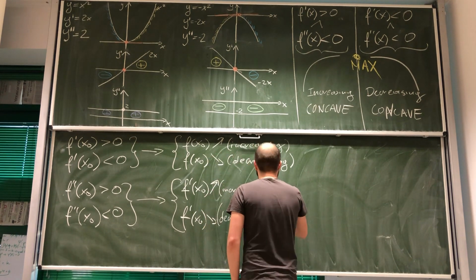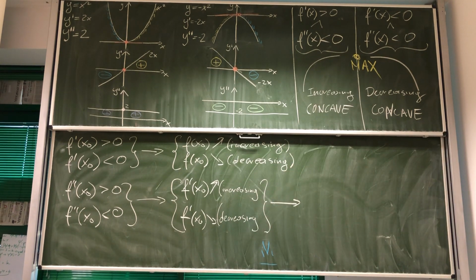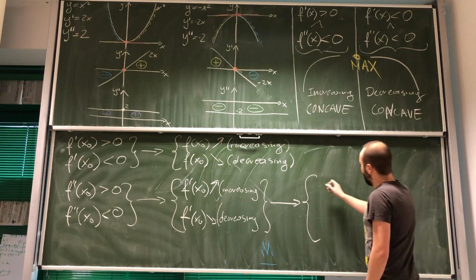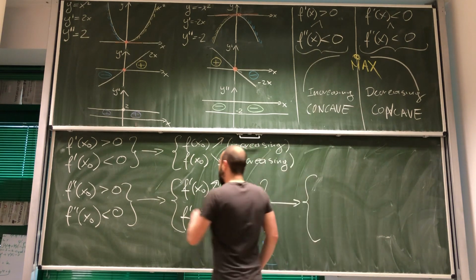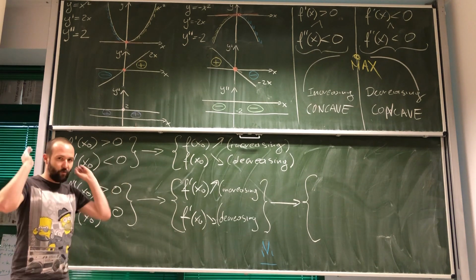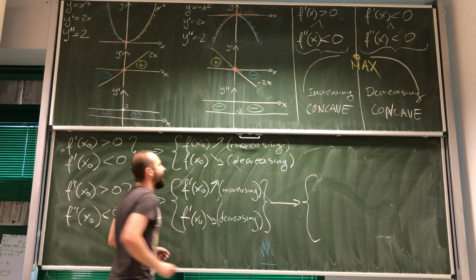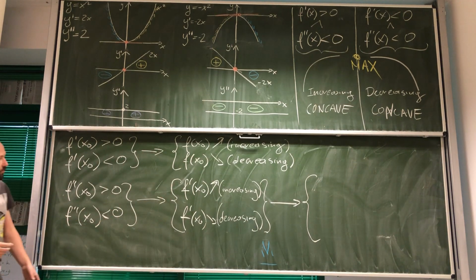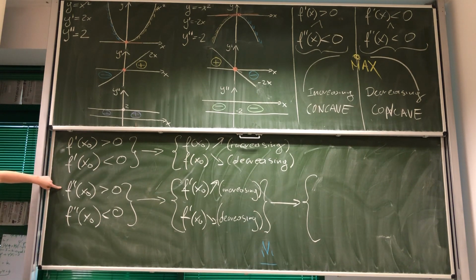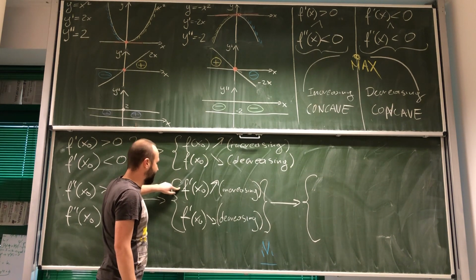But now, if we know this, what does it mean for the original function? Well, okay, look, we always remember, the derivative measures the slope of the function at a given point, right? So, if the second derivative is positive, this means that the first derivative is increasing.